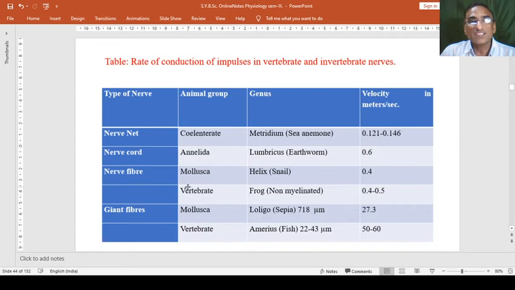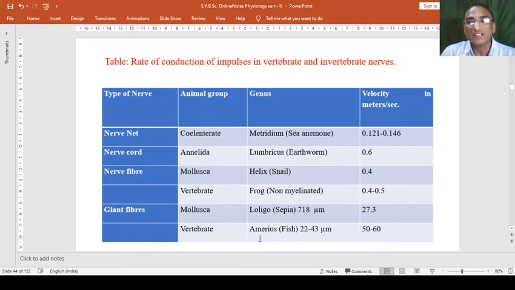In vertebrates, among frogs, especially in non-myelinated fibers, the velocity ranges between 0.4 to 0.5 meters per second. The giant fibers found in mollusca like Loligo, or the Sepia animal, are about 718 micrometers wide, and their velocity is 27.3 meters per second, a very high velocity.